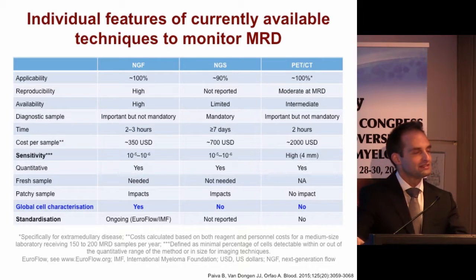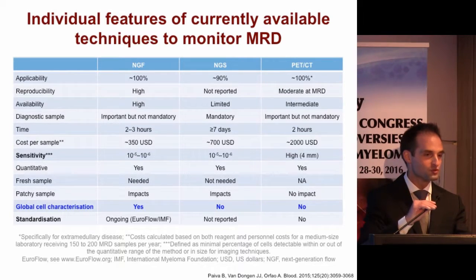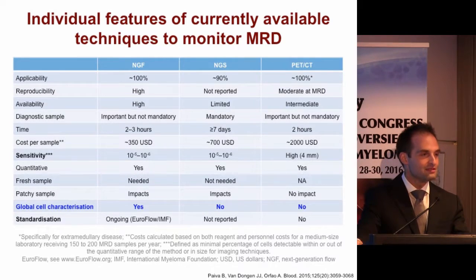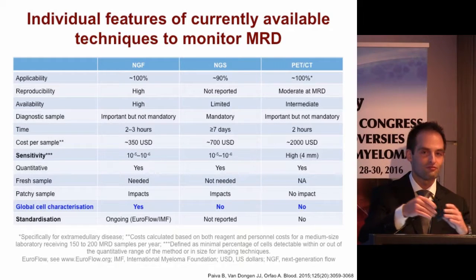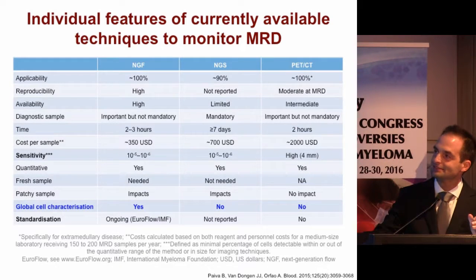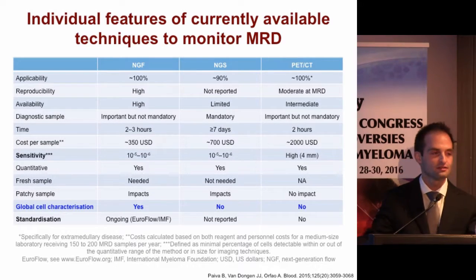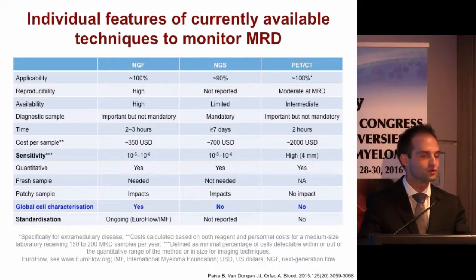I would also say that even though the Spanish group was in fact one of the first to report about the value of fluorescent PCR, then ASO-PCR, and even next-generation sequencing, it's no secret that we have been particularly implicated in the development of flow. And the reason is because, providing there is the same sensitivity and the assays are well standardized and validated, of global cell characterization.